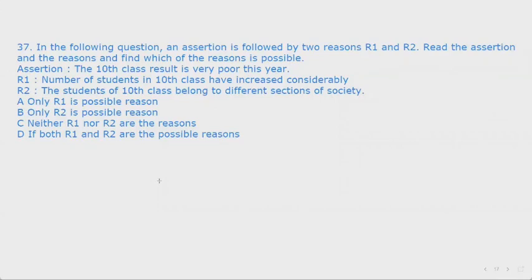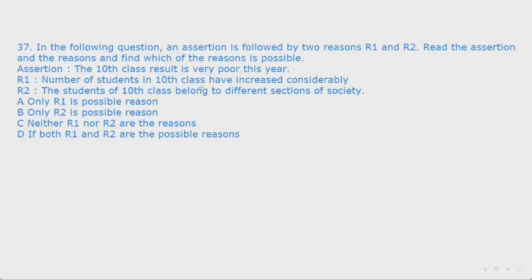So question number 37 also talks about assertion and reason. Cool. So let's move ahead. The assertion that they are saying is that the 10th class result is very poor this year. The first reason that they are giving is that the number of students in 10th class has increased considerably.